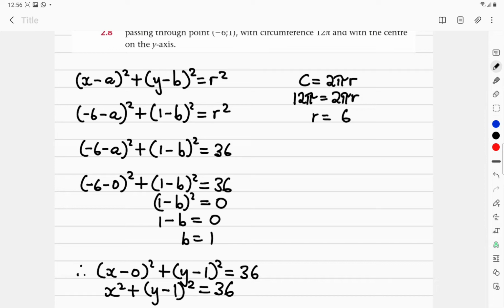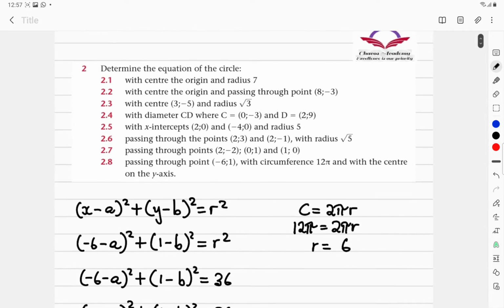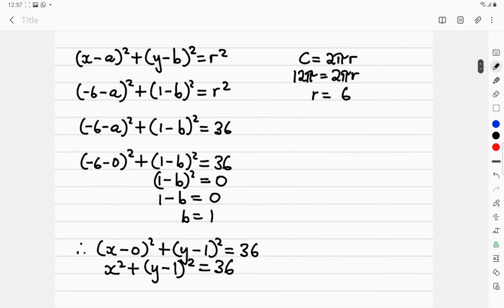After substituting, you can see that they also gave you that the center is on the y-axis, and on the y-axis x is 0, so where there's a, you replace it by 0. You solve for b. After solving, you can see b equals 1, then you replace just like that.